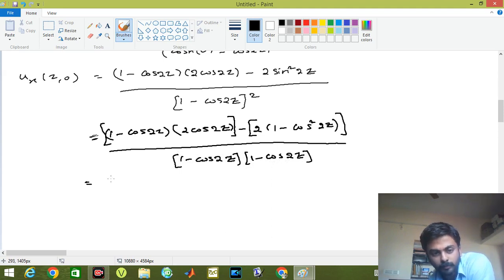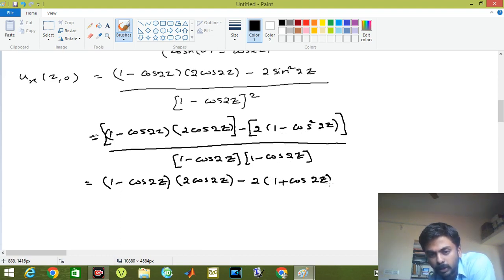So we will get (1 minus cos 2z) into 2 cos 2z minus 2 into, this is a square minus b square formula, so for this we'll get a plus b into a minus b. So (1 plus cos 2z) into (1 minus cos 2z).